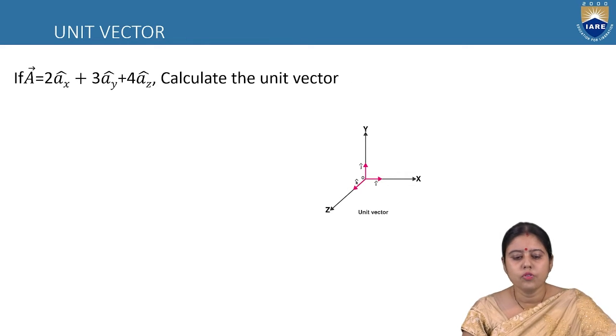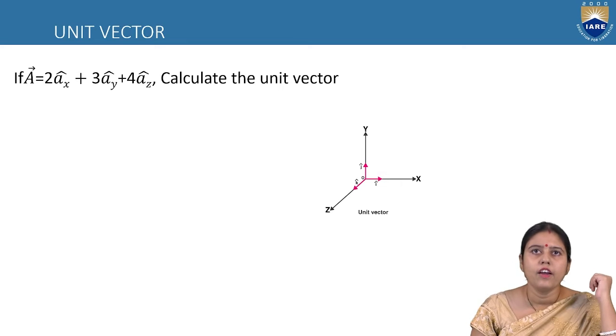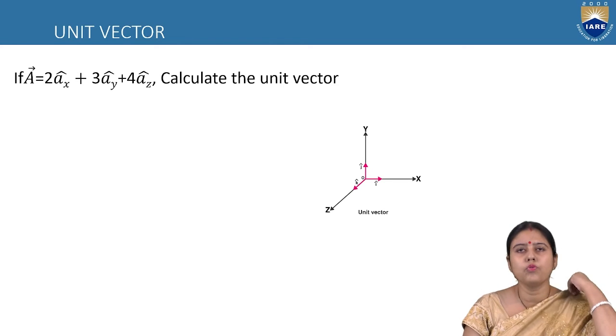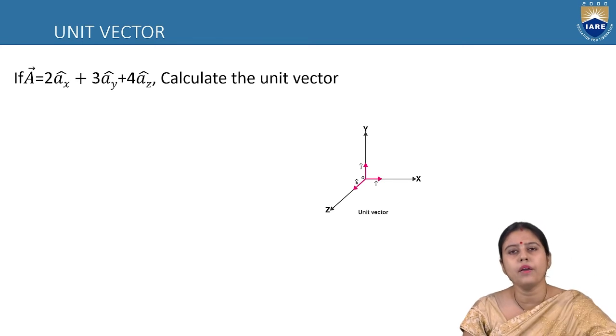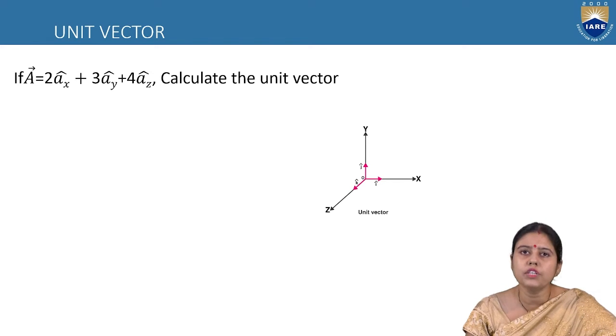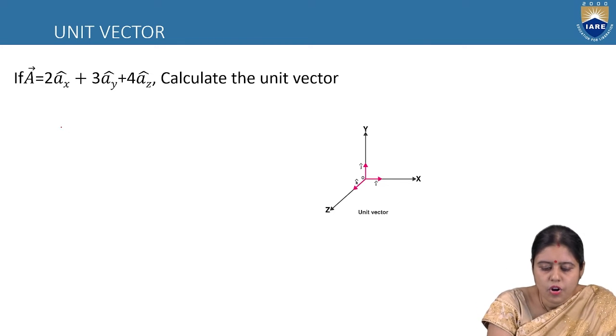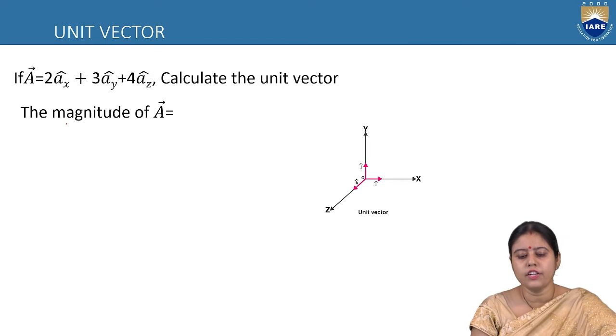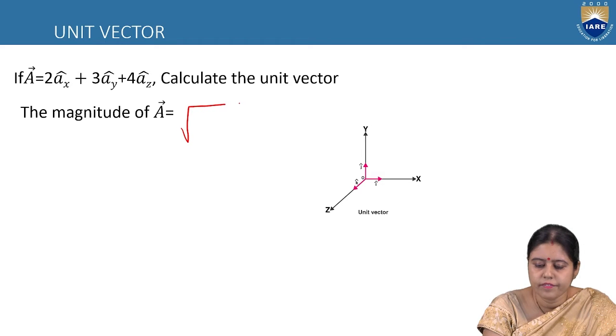We have a vector A, which we have already written as 2a_x plus 3a_y plus 4a_z. We have to calculate the unit vector. So how to calculate it? According to the definition, what is the magnitude of A?